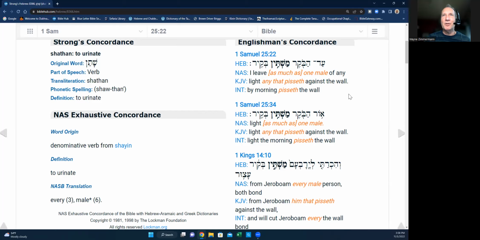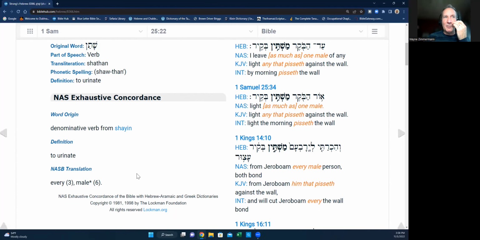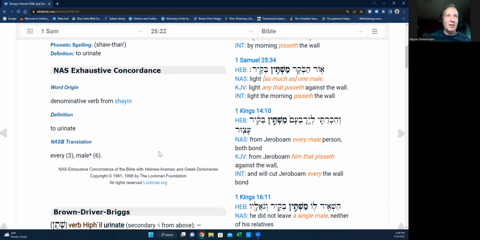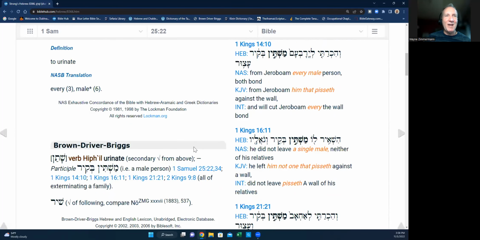The NAS version translates it as male. King James has it as urinate, but uses the 16th century language for urinating. And so again, this is kind of interesting. It's used 9 times in the Bible. 3 times it's translated as urine, 6 times it's translated as male.